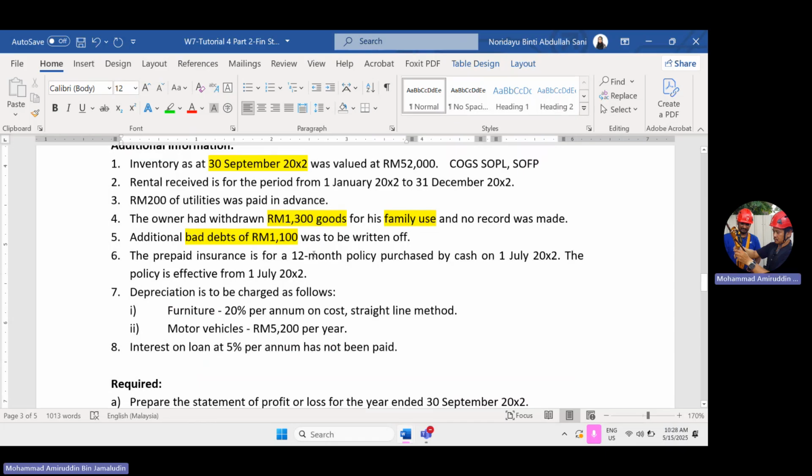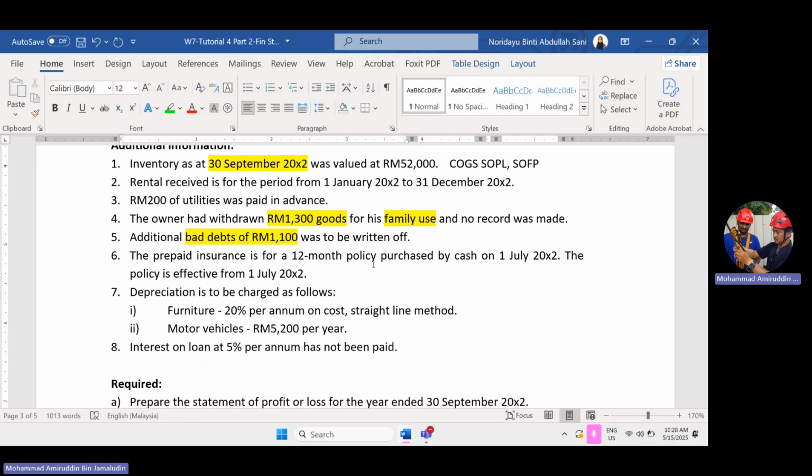Prepaid insurance is for a 12-month policy. This is also important. Your policy is from 1st July 20x2.